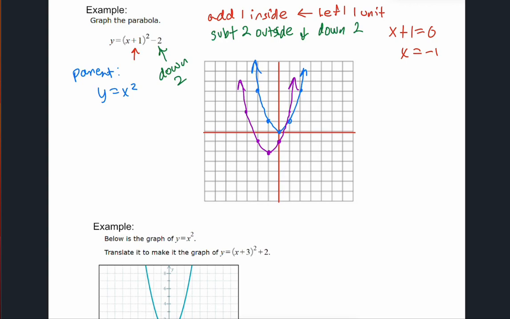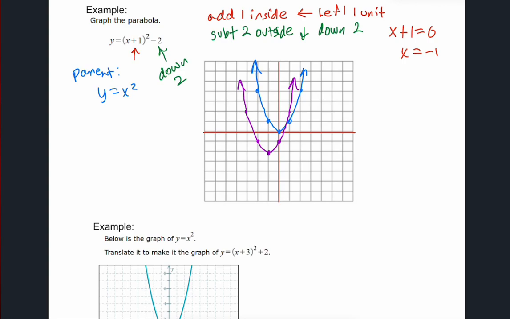So that's really, really nice to do. Now, we could always plug in some points. I mean, there's so many ways to graph a line. So feel free to do, or to graph a quadratic or any kind of our parent functions. But our job in section 3.5 is to be able to graph things a little quicker than we normally do. And that's our goal, okay?